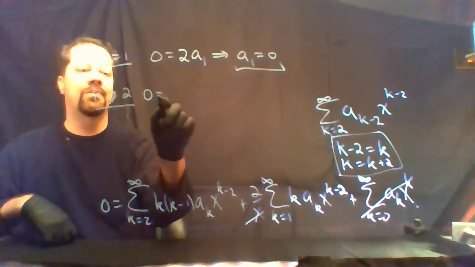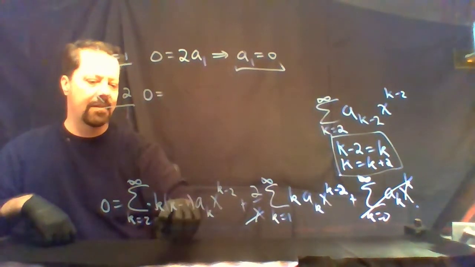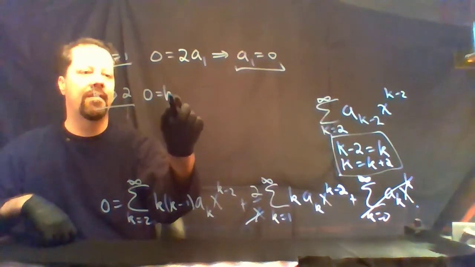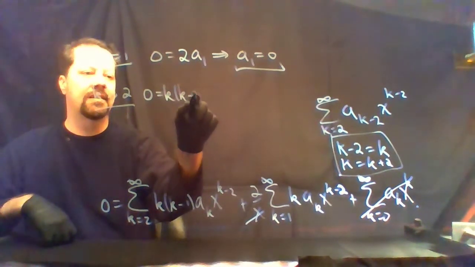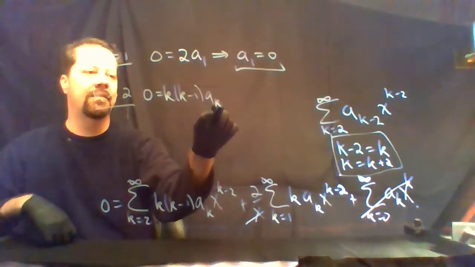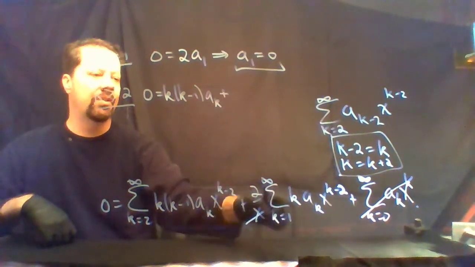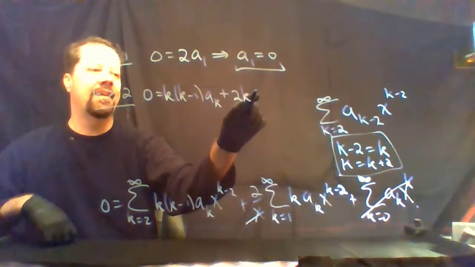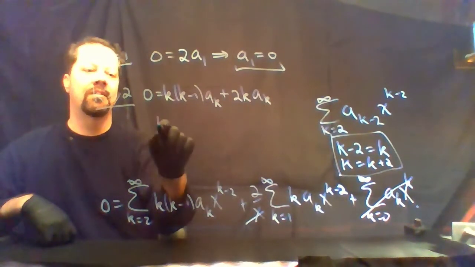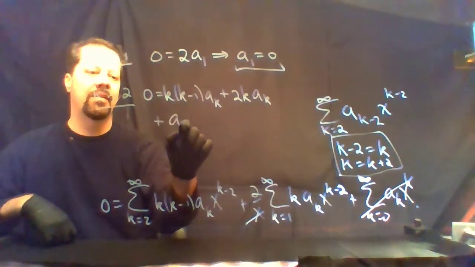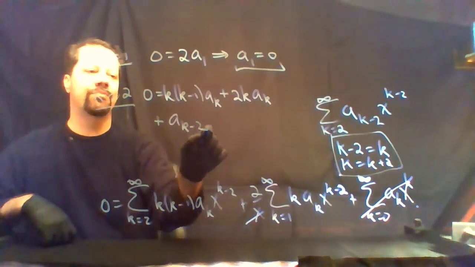We get 0 equals, here we have k times k minus 1 a sub k plus 2k a sub k plus a sub k minus 2.